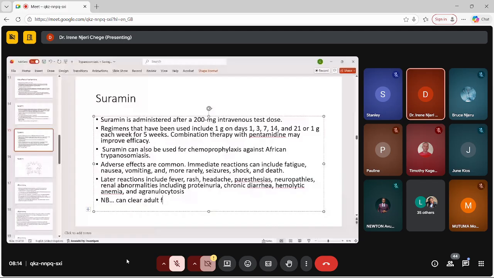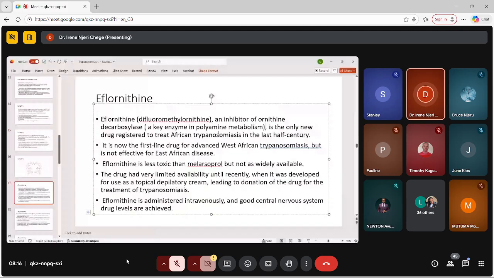Now, when do we use it? This is the only new drug registered to treat African trypanosomiasis in the last half century. You'll check, maybe there's a new one, I don't know. It is now the first line drug for advanced West African or the gambiense type of trypanosomiasis. It is not effective for the East African disease.